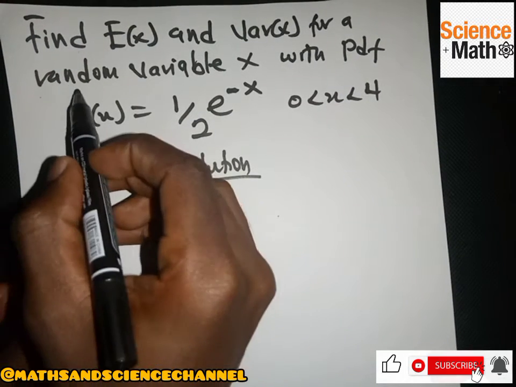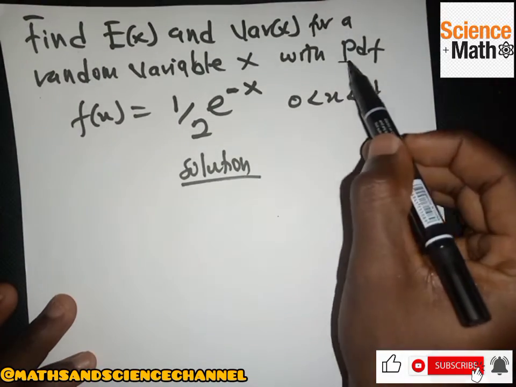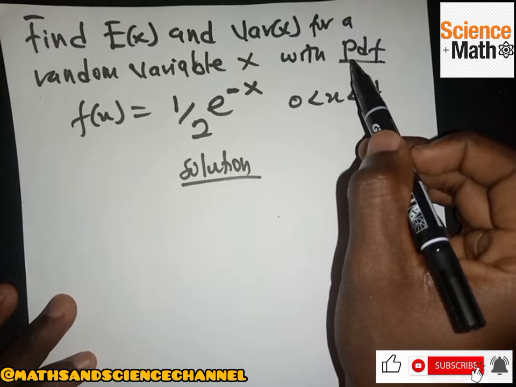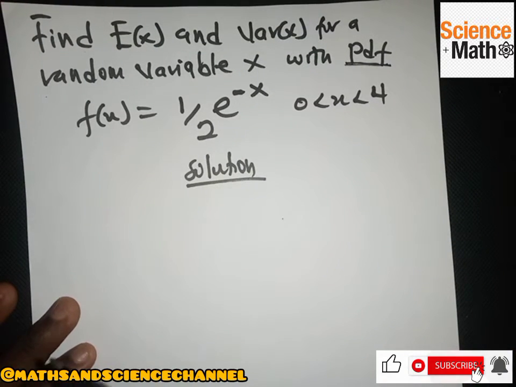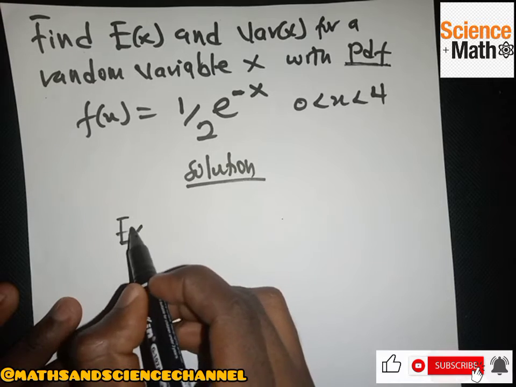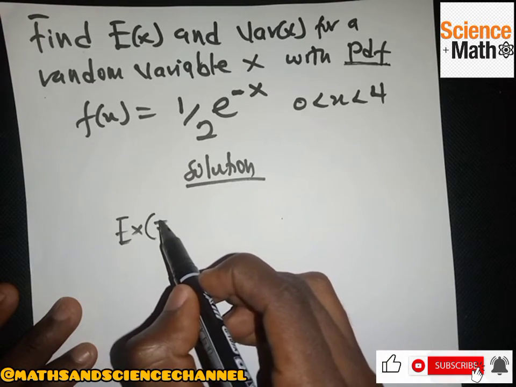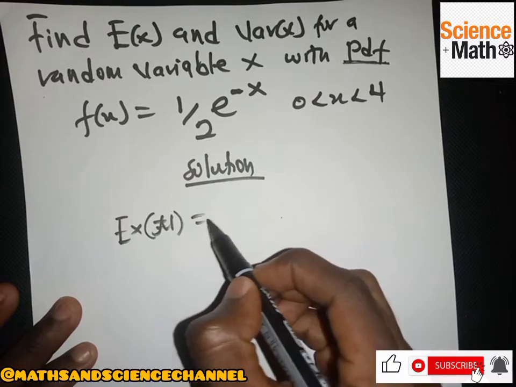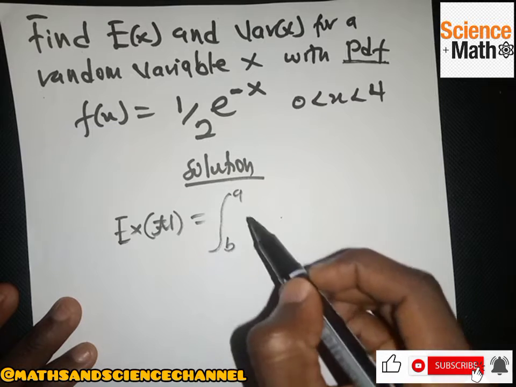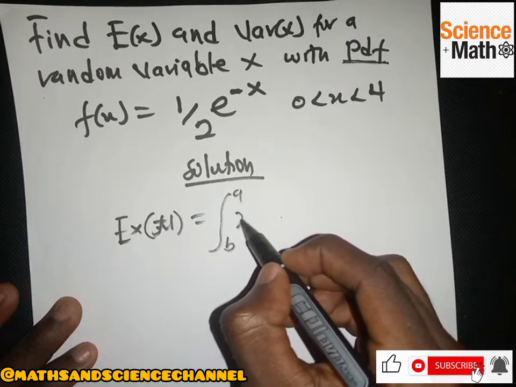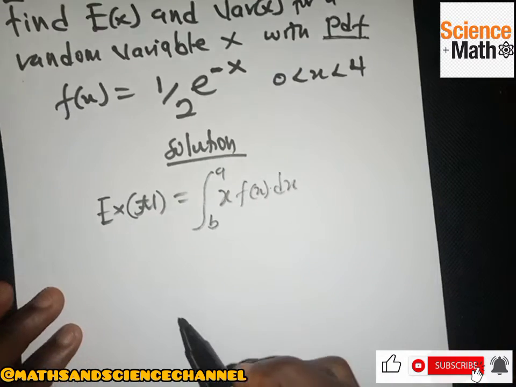Now it is a random variable, so basically it is a continuous variable, because the question says that it is a PDF. Now how do we get the expectancy? The expectancy mu is equal to the integral from a to b of x multiplied by f of x dx.